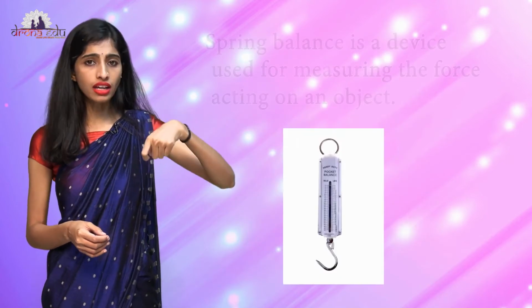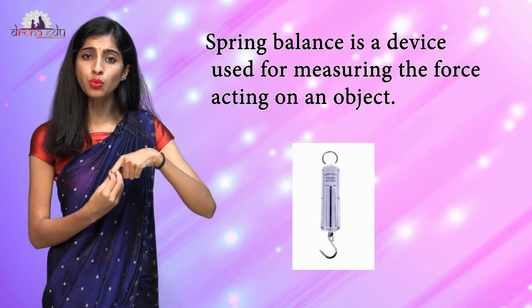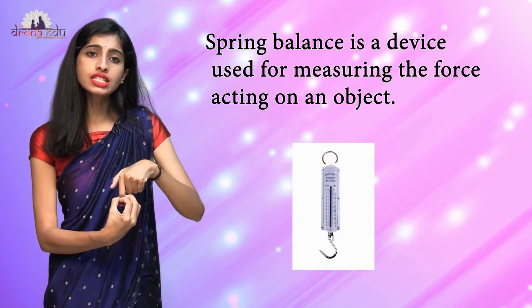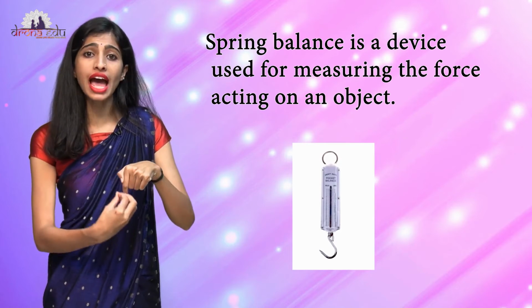When you hang something to the spring balance, what happens? It pulls the spring balance due to the force acting on the object. The gravitational force that acts on the objects makes the spring balance pull itself so that the coiled spring inside the spring balance will be stretched, okay?